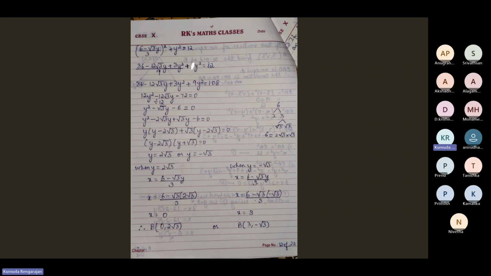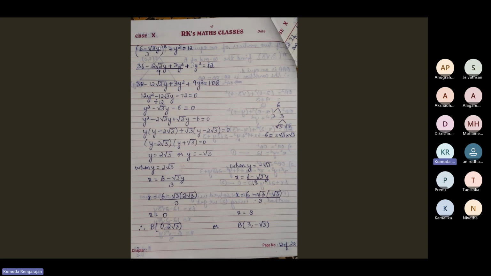I've erased it with white now. I've expanded the numerator: a squared minus 2ab plus b squared. 3 squared is 9, and this plus y squared is equal to 12. Then I've taken the LCM.